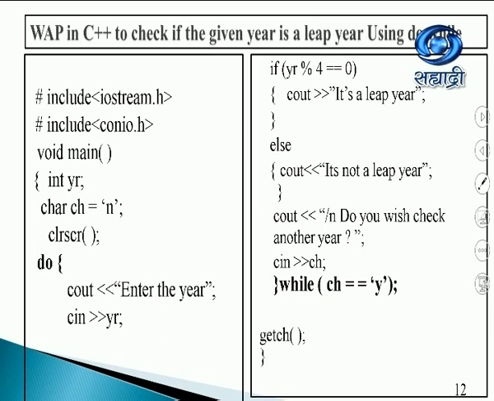If I write any character other than Y, then it will stop. So this is where you want to apply the do while control structure. In the do while control structure, the condition is checked at the end of the loop.